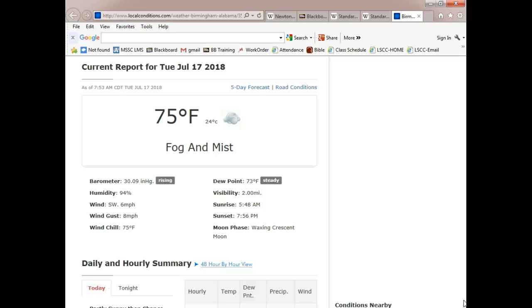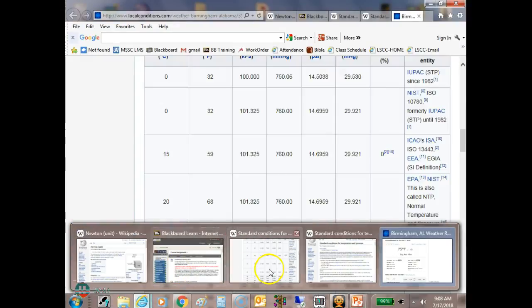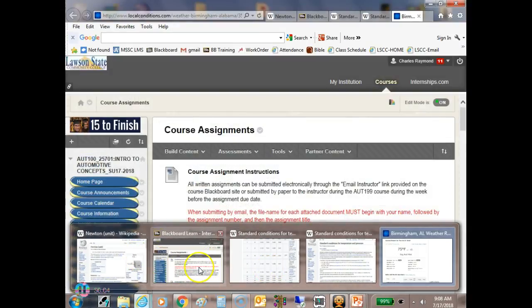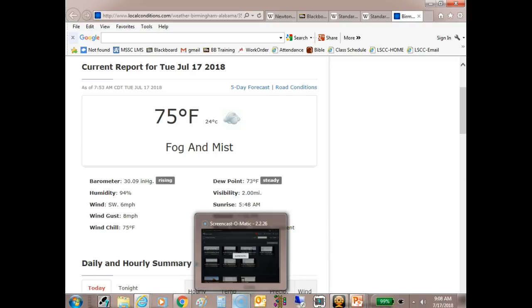So what would be the atmospheric pressure in Birmingham? I'll look at my chart. I just know it's pretty close to sea level, we're not too high where we're at.